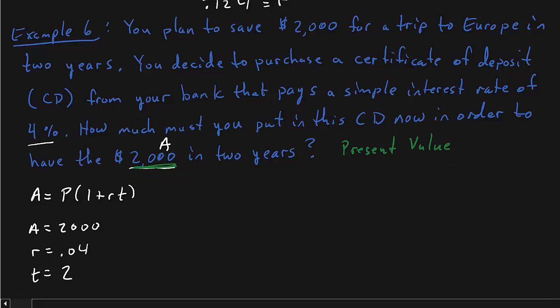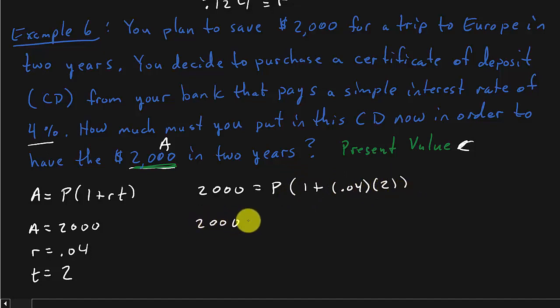All right. So let's just plug this in. And so that's going to be what? 2,000 equals P. We don't know that. That's what we're looking for. Our present value, times 1 plus R, which is 0.04, times T, which is 2.